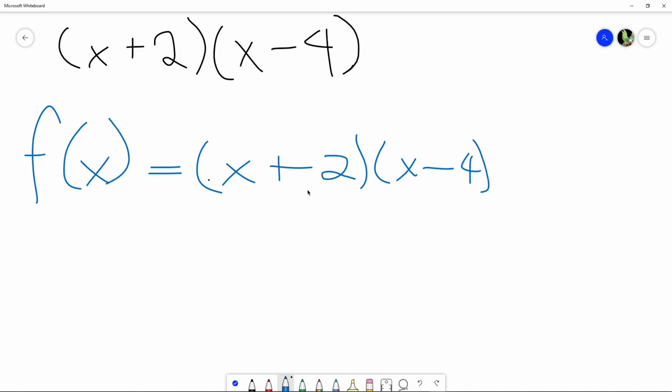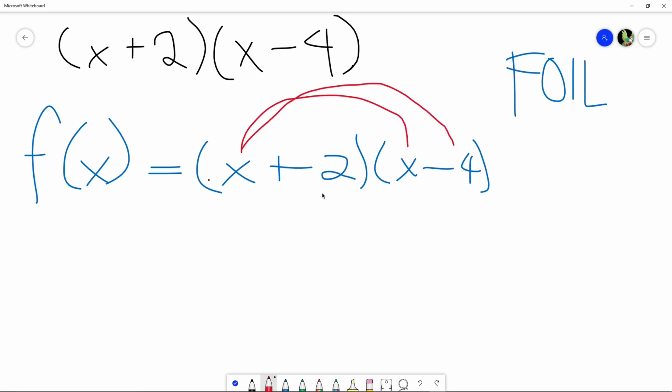In order to find our function based on whatever value you chose in those factors, because you can choose whatever you want, we're going to use the FOIL method. Simply, it's distribution. So you pair up x with x and negative 4, and then the next number, positive 2 with x, then 2 with negative 4, right there. Alright, so knowing that, we're going to write this now.